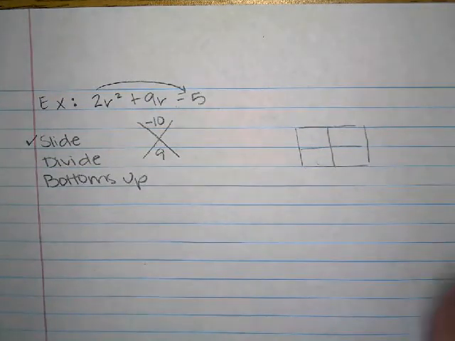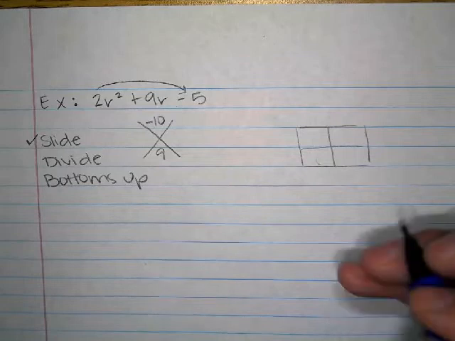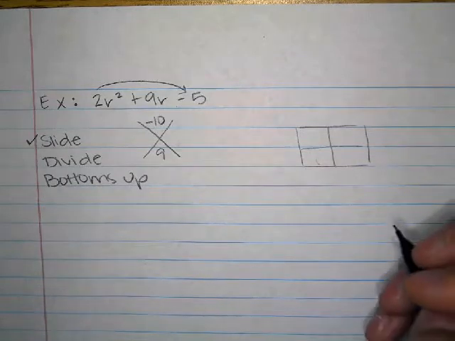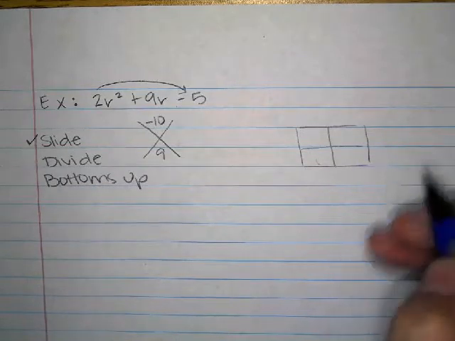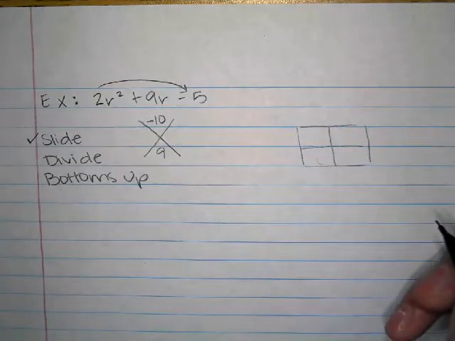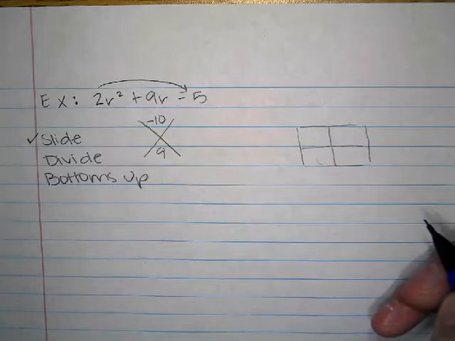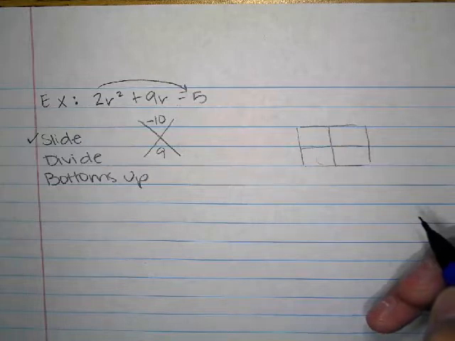I don't have the calculator in front of me. I think it's in my purse. So two numbers that multiply to negative 10 but add to 9. You guys finding it? What are the numbers?